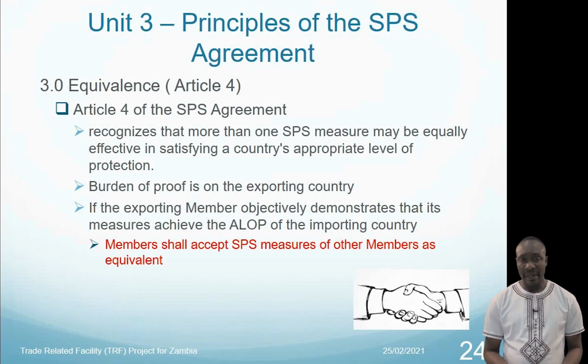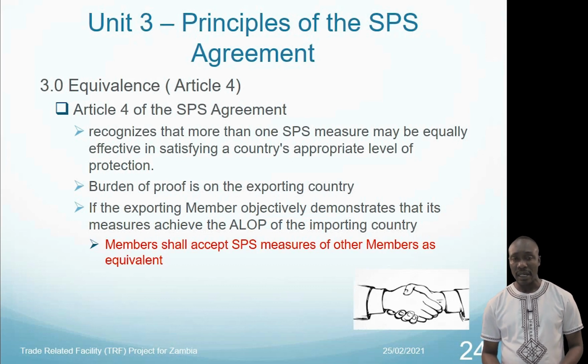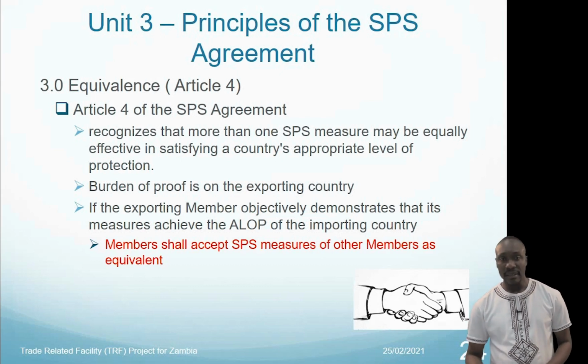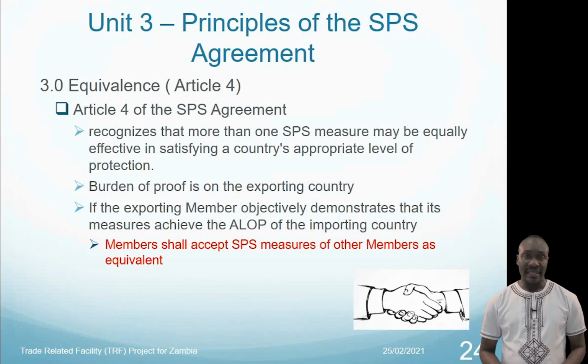If the exporting member objectively demonstrates that its measures achieve the allowable level of protection, then the members shall accept the measures being taken by the other member.